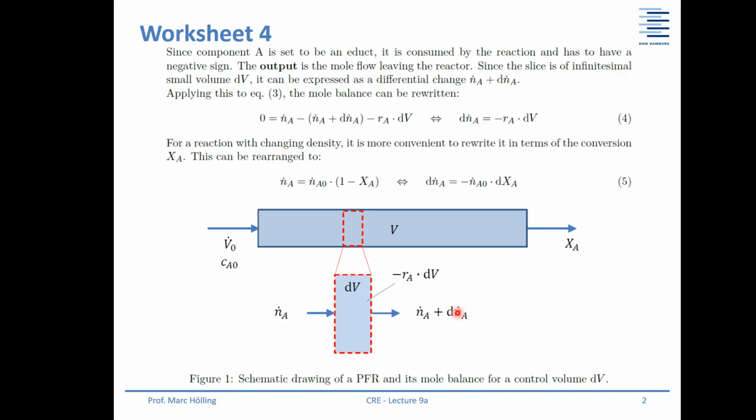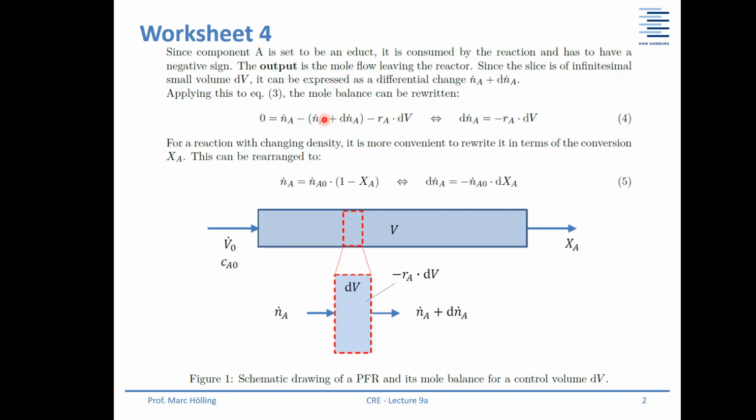Then you can go for your mole balance. The mole flow going in, minus the mole flow going out, minus the reaction that takes place inside this very small slice of the plug flow reactor. This is the mole balance.